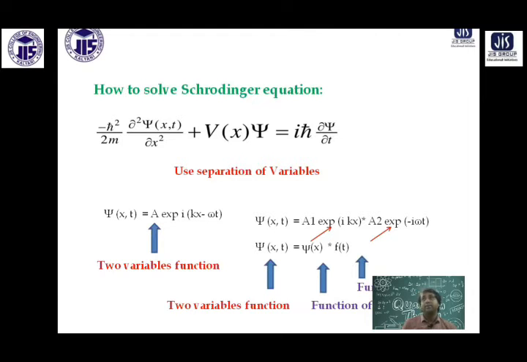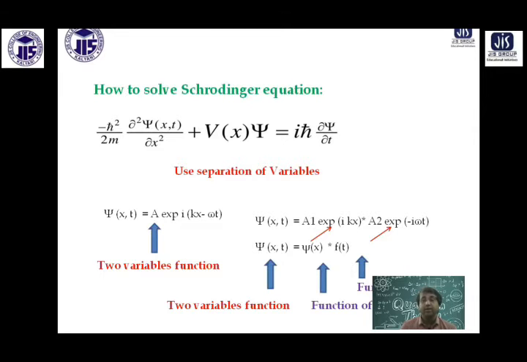The first term, e to the power ikx, refers to a function of x, and e to the power minus i omega t refers to a function of t, time. So ultimately, you are writing psi as a product of two separate functions. One is a function of x, another is a function of t. Psi(x) f(t) I have written. That is the beauty of mathematics.